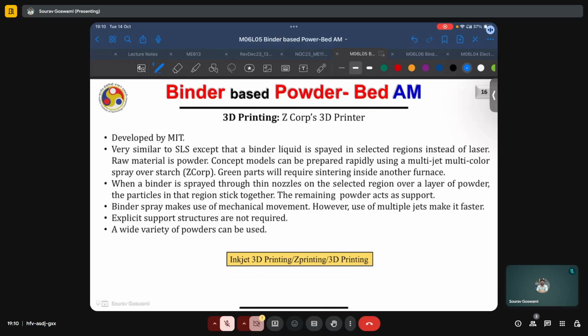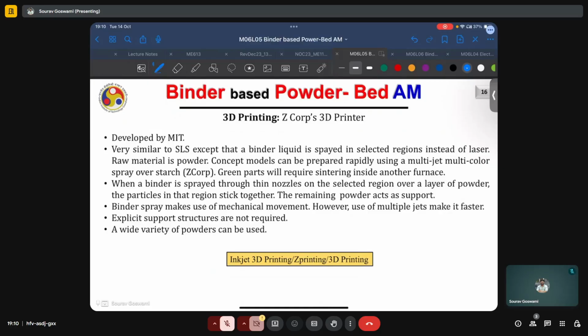The raw material used was powder, and it can be used for the development of concept models very rapidly using a multijet multicolor spray over starch. The green parts will require sintering and in the as-built state will not have sufficient mechanical strength.